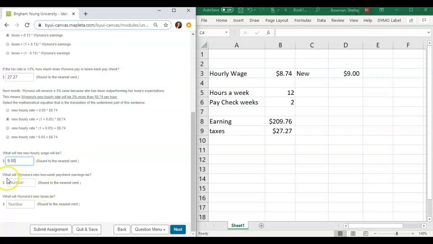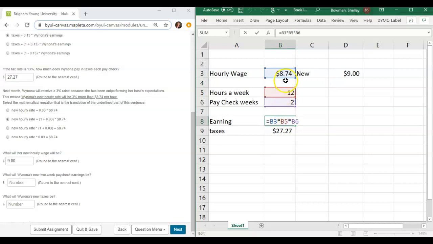The next one says, what will Wynonna's new 2-week paycheck earning be? The benefit here of using Excel is that I could go ahead and just redo what I did here, or because I cell referenced in the earnings right here, you'll see I cell referenced all of these. If I change her wage here to $9, and yes, it'll change over here, but we already wrote down our $9, so don't worry about this anymore.